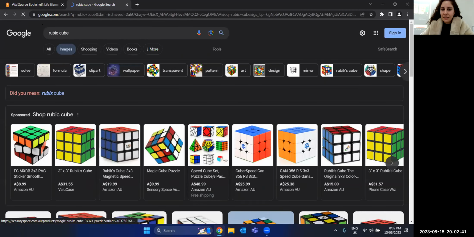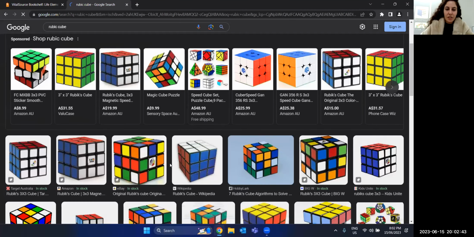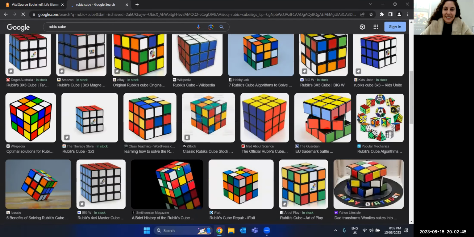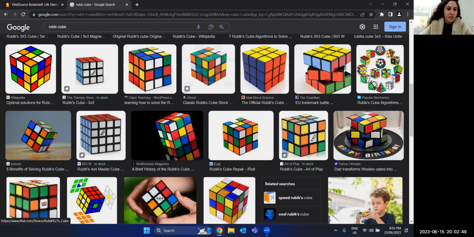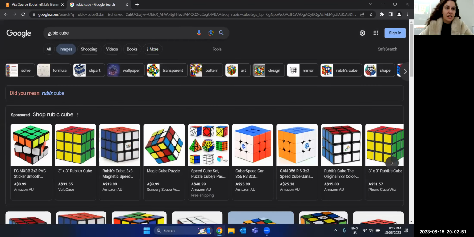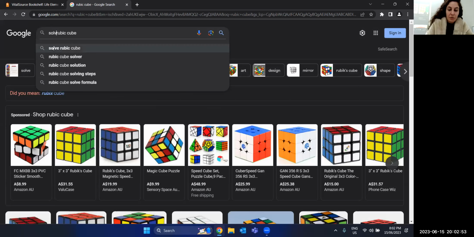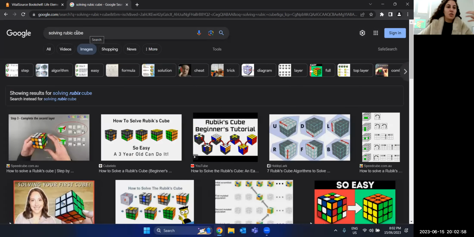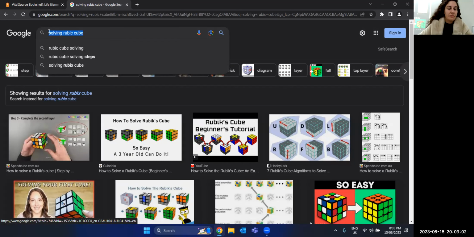So playing with the Rubik's Cube, or I used to play all the time. Solving the Rubik's Cube. So maybe that's what the activity is called, solving. Because remember, you got to have a verb. So, solving the Rubik's Cube. I enjoy solving the Rubik's Cube. Solving, because you have to think how to.